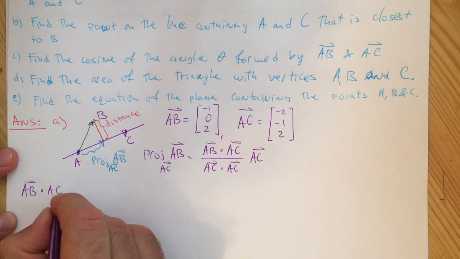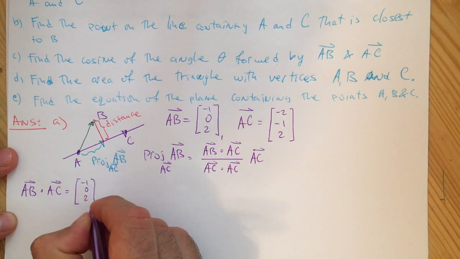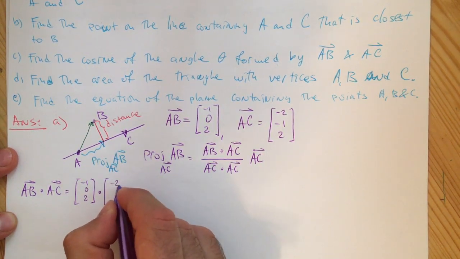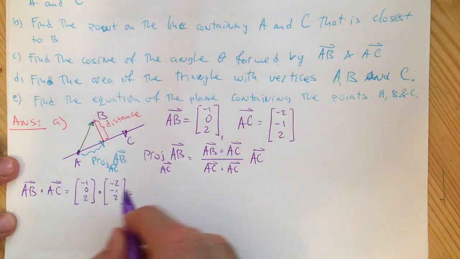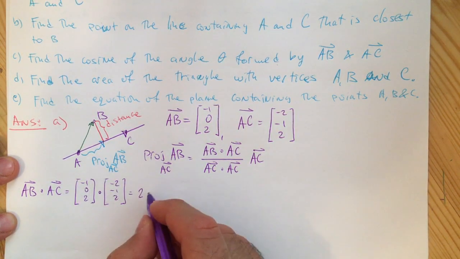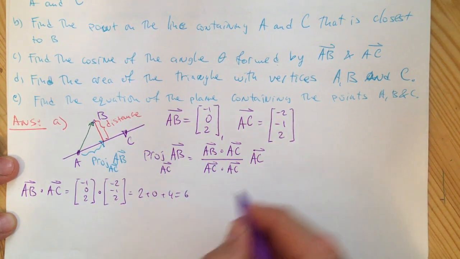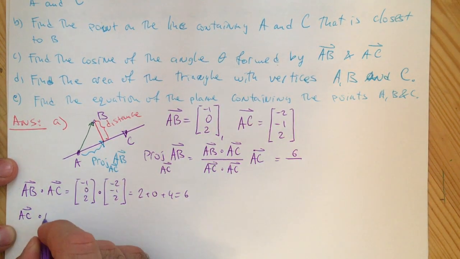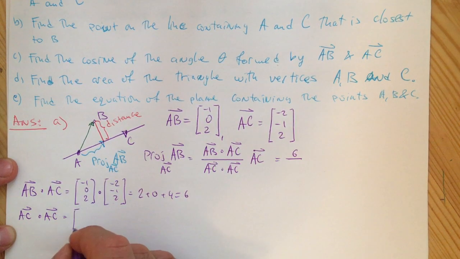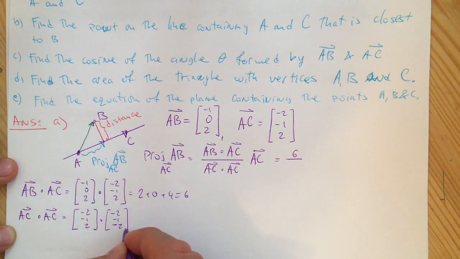AB dot product AC, so that's negative 1, 0, 2, dot product negative 2, negative 1, 2. Negative 1 times negative 2 is 2, plus 0 plus 4, that's equal to 6. So this is 6 over AC dot product AC. So that's negative 2, negative 1, 2, dot product negative 2, negative 1, 2.